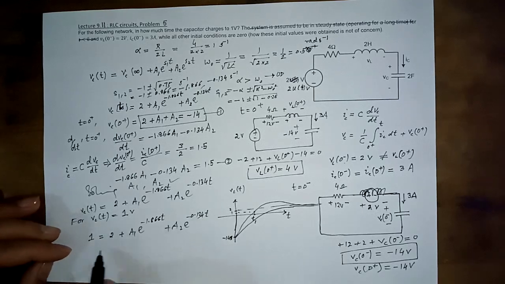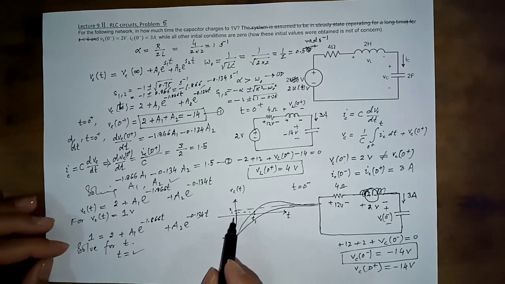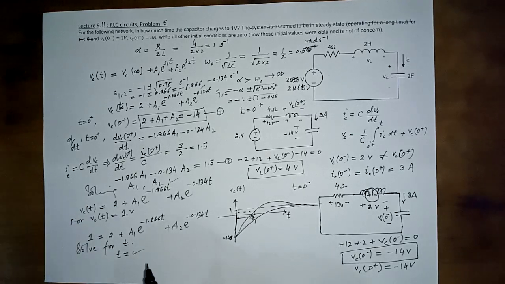Now the question is solve for t. That value of t is the required answer. The question says how much time. So basically, if this whole thing started at t equal to 0, then finding this value of t is going to give us how much time, and finding this is going to be the answer desired, the answer required.